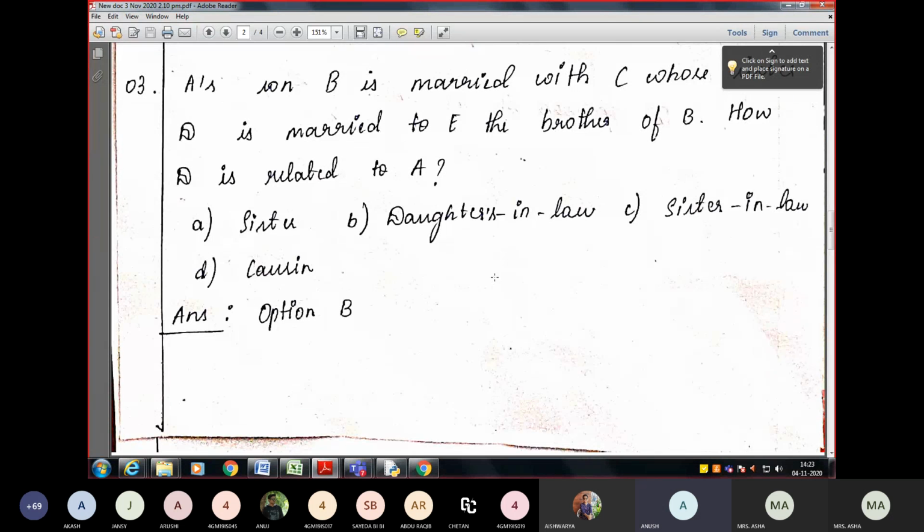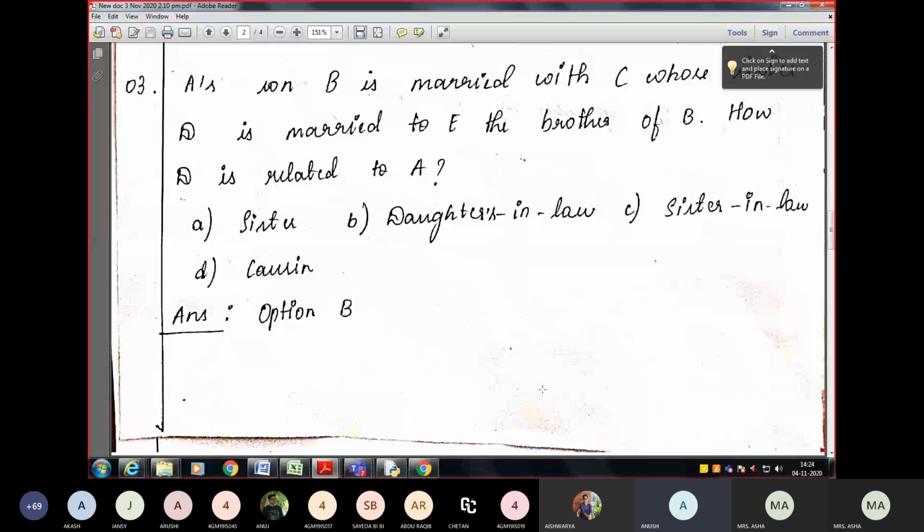Third one. A's son B is married with C, whose sister D is married to E, the brother of B. How is D related to A? Options A, sister, B, daughter-in-law, C, sister-in-law, D, cousin.